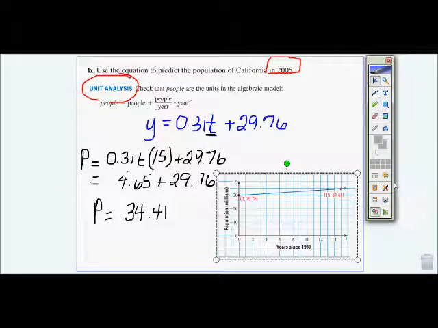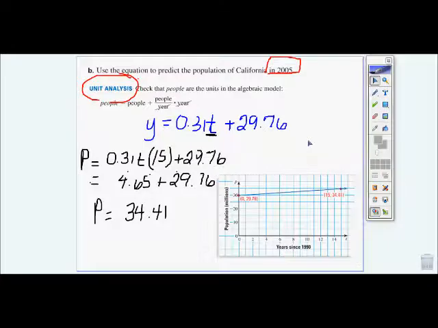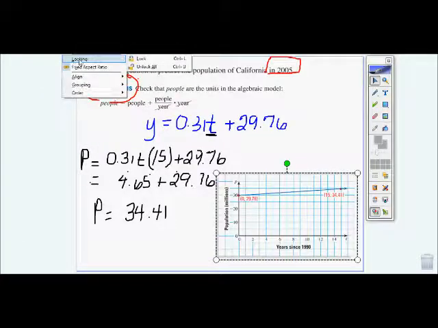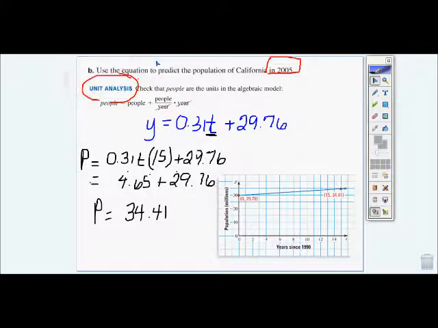Now, if I reveal my graph here, you're going to see that I could check that on the graph by going to 15 years. I'm going to lock that graph so when I'm touching it, it's not going to move here. So one minute, please. All right, now it's locked, so I can draw on it.